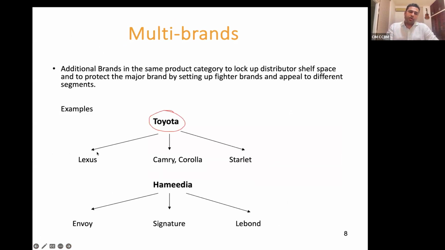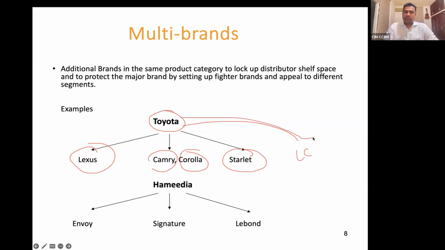Under the Toyota umbrella, you have Lexus. They don't call it Toyota Lexus. It's just only Lexus. Then you have the Camry brand, Corolla brand, Starlet brand, Land Cruiser brand, and it continues, right? So many brands. This is called multiple brands, additional brands in the same product category.